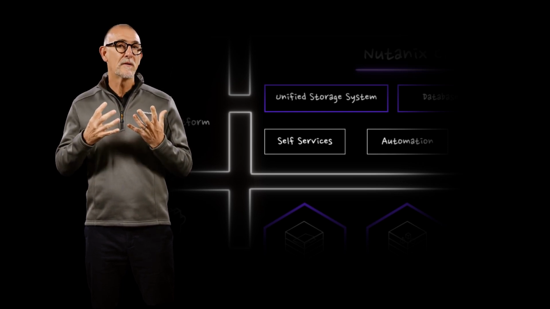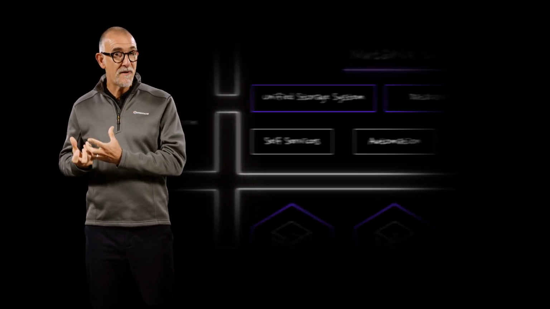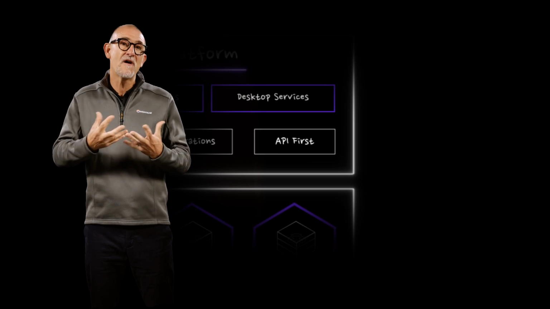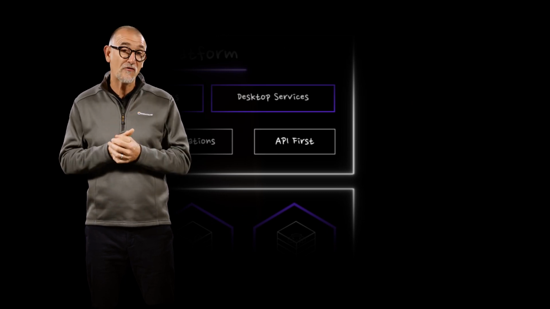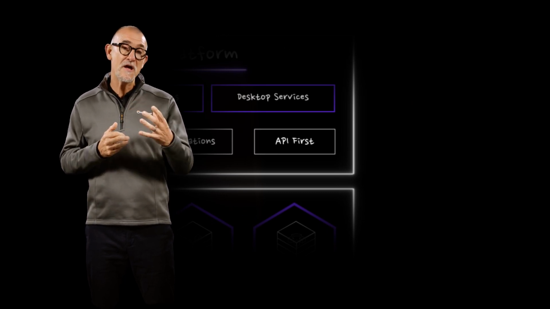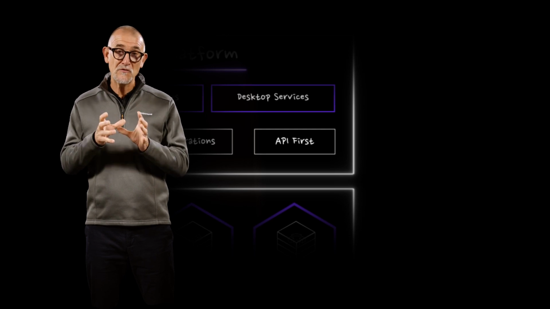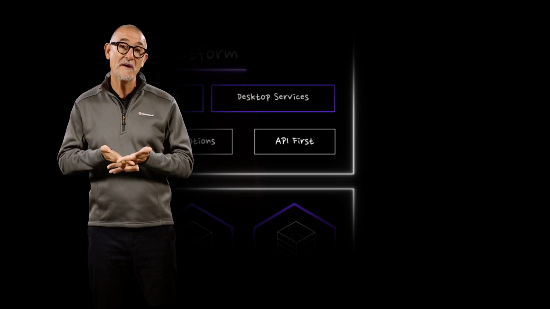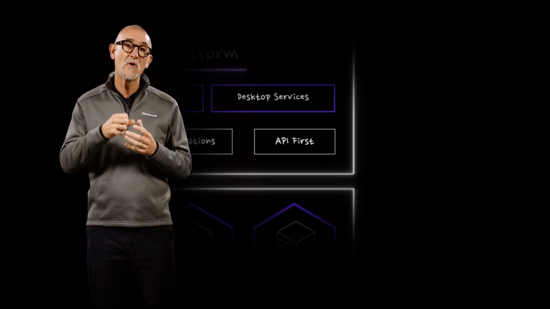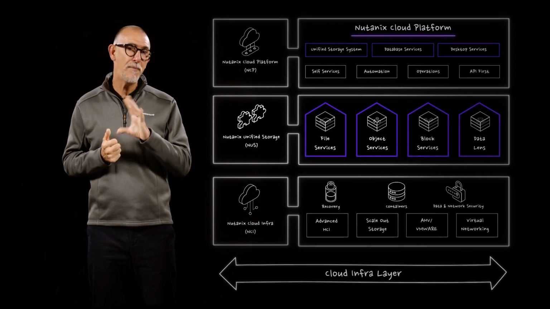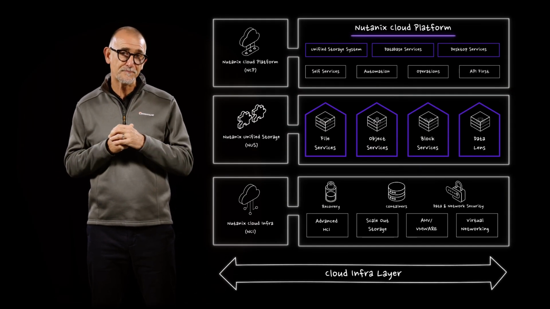We think about management. We need to think about APIs as well. We are an API-first software-defined solution, and we know that many organizations like to include Nutanix within their own automation engines as they're controlling and interacting with it. So we publish all this information out.